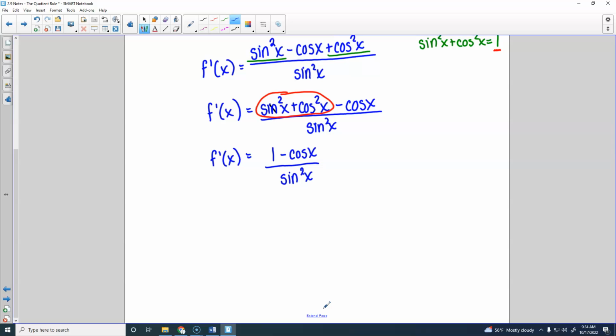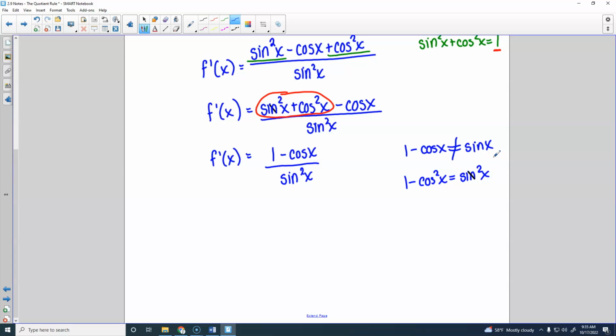Alright, there's more. What can we do? Does 1 minus cosine x equal sine x? It does not. 1 minus cosine x does not equal sine x. But 1 minus cosine squared x does equal sine squared x.